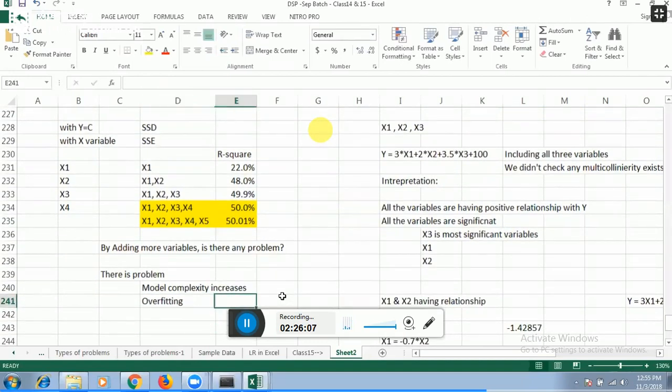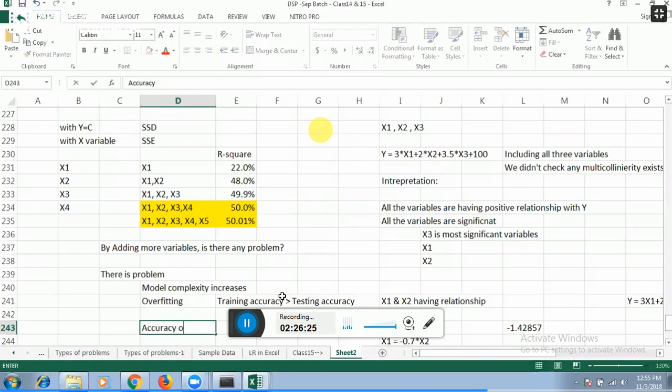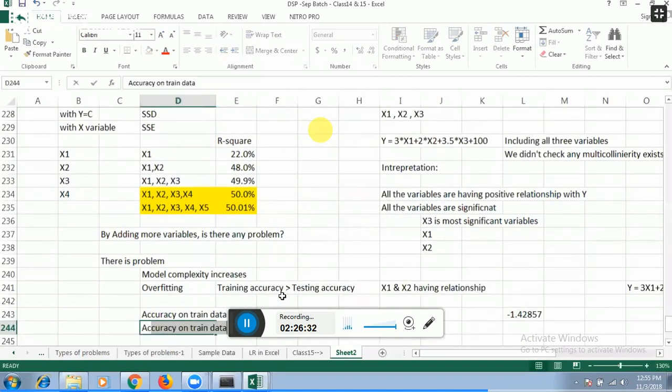Any idea? Overfitting is when the training accuracy is greater than the testing accuracy. So what does that mean? The training accuracy is high and the testing accuracy is low. Suppose I look at the accuracy on the training data, suppose you got 60%, or for example 50.01%.